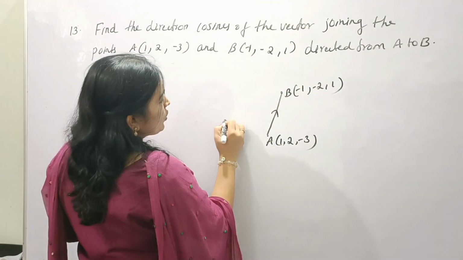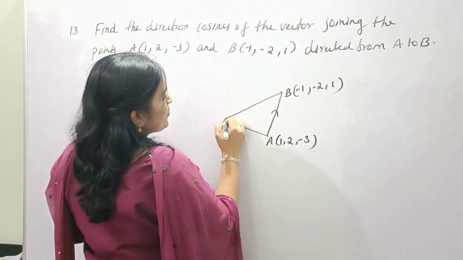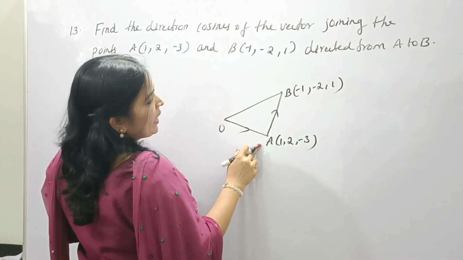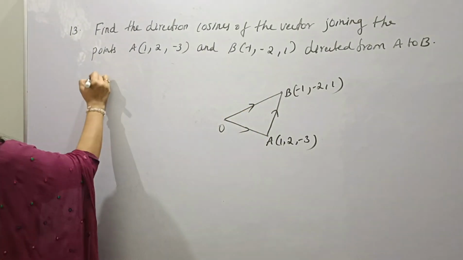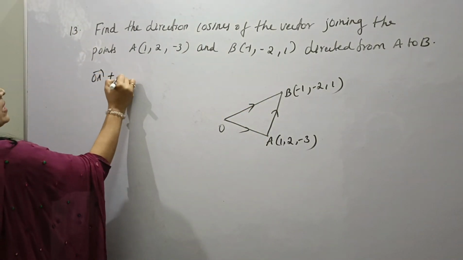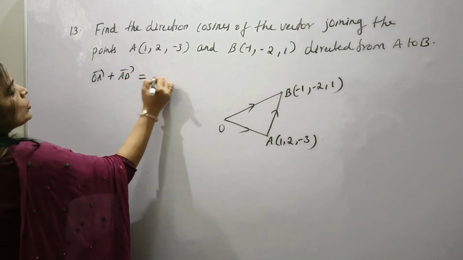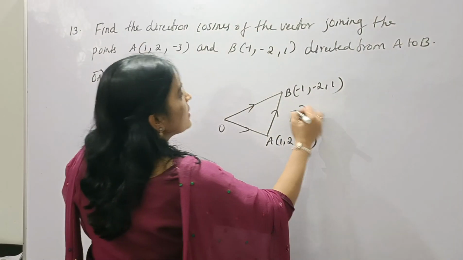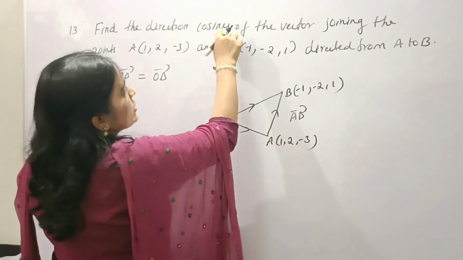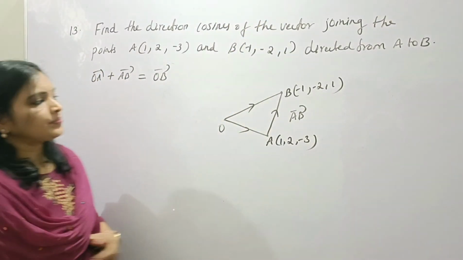Let O be the origin. Join these points. By triangle law of vector addition, this can be written as vector OA plus vector AB is equal to vector OB. We need to find vector AB, that is, we have to find the direction cosines of the vector AB.